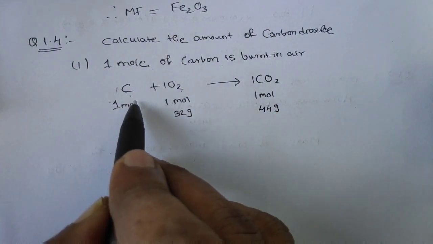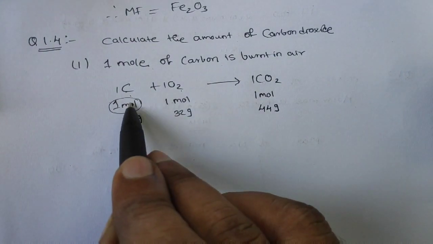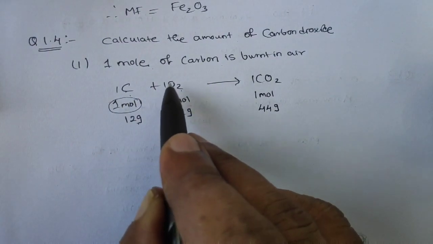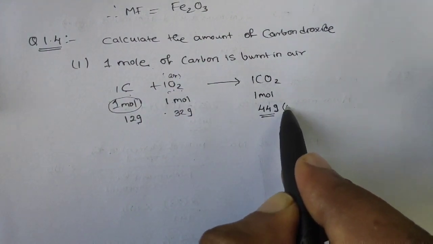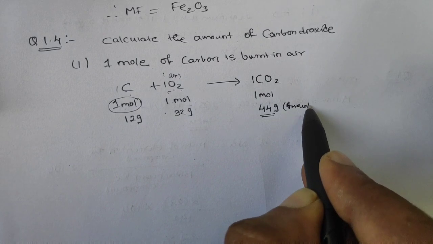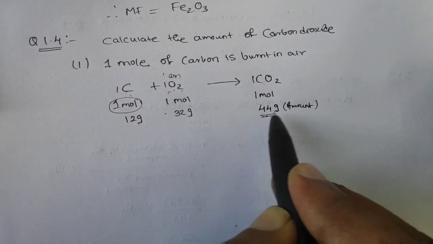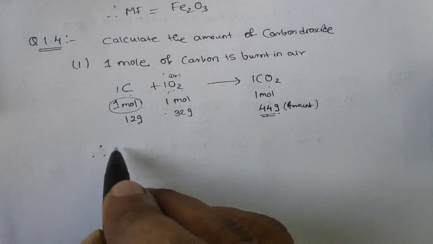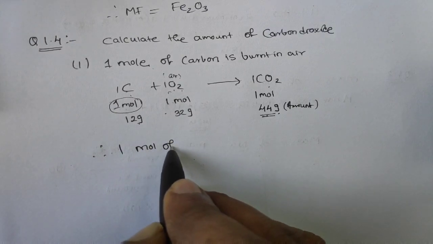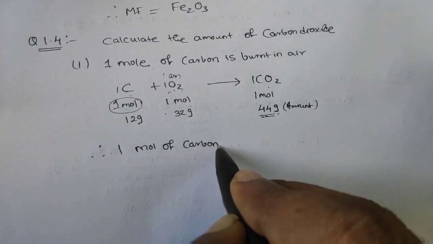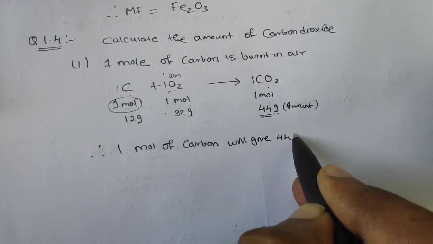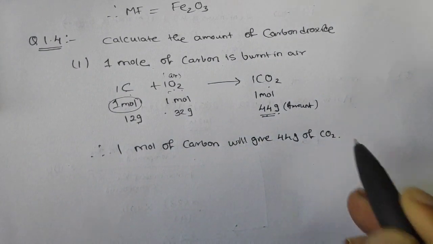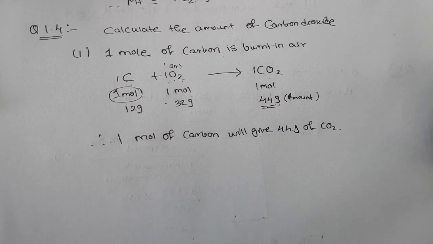So if 1 mole of carbon is burned in air, oxygen meaning air, you will get 44 grams of CO2. So 1 mole of carbon will give 44 gram of CO2. Understood this part? This is very simple.